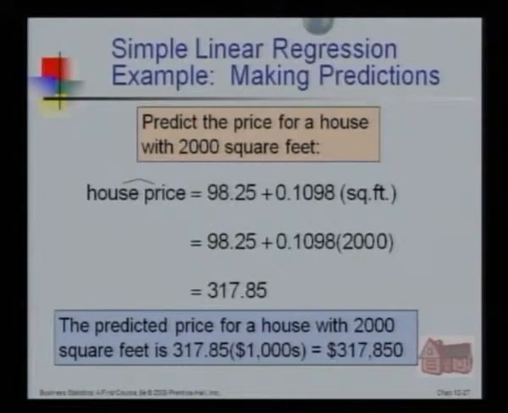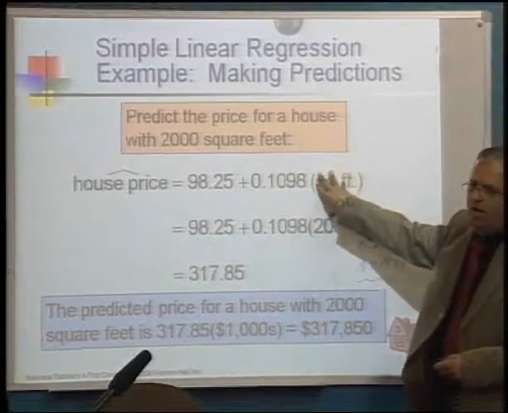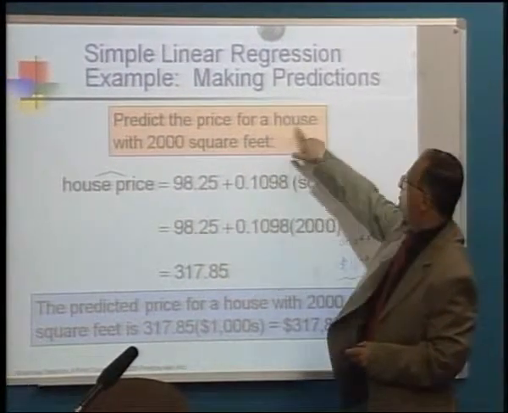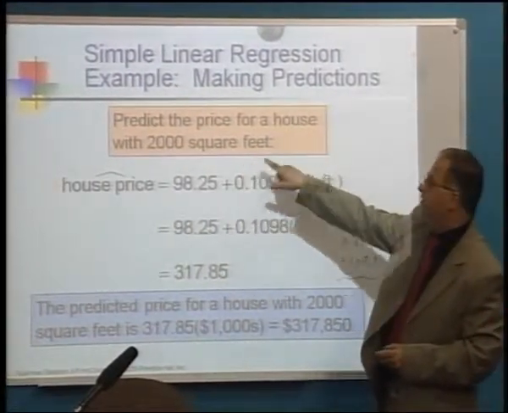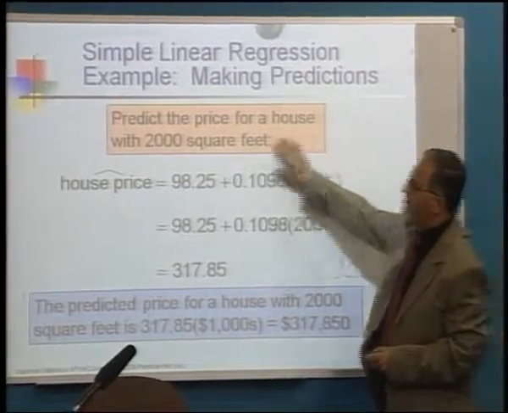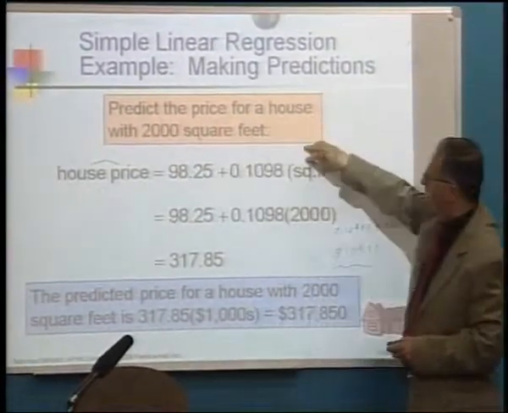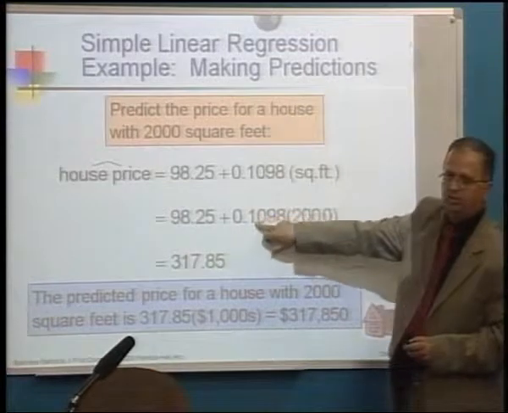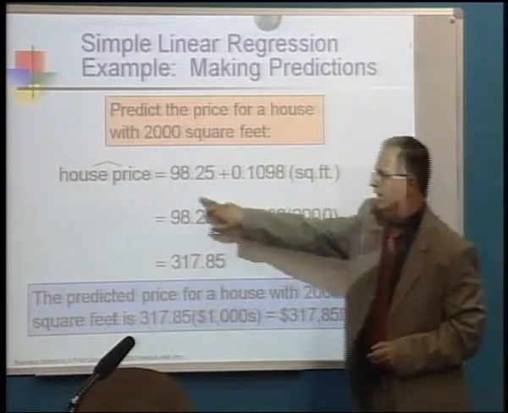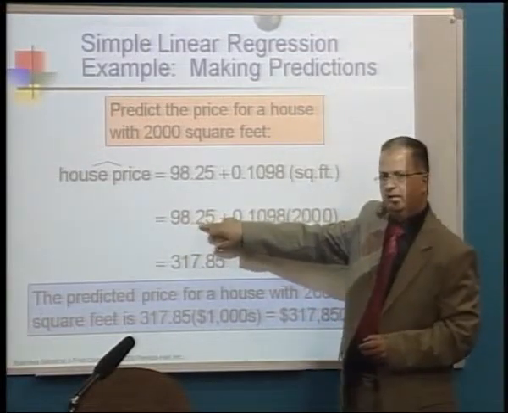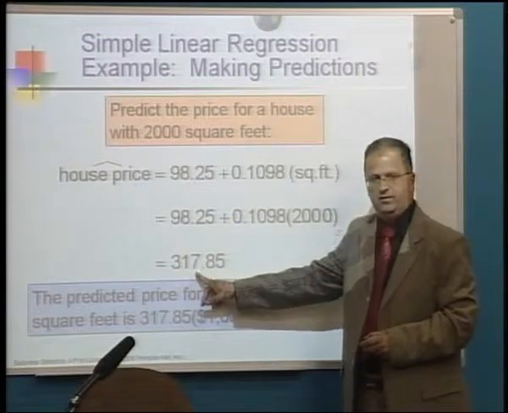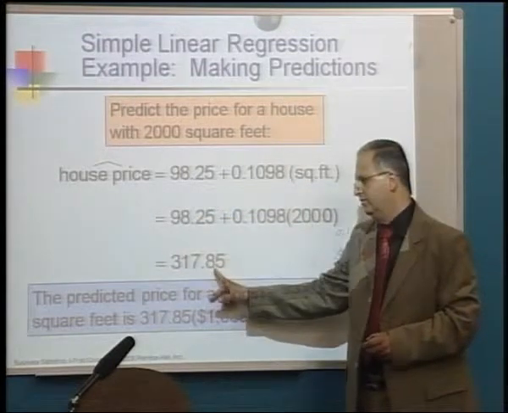For the prediction, since we have this equation, and our goal is to predict the price for a house with 2,000 square feet, just plug this value here, multiply it by 0.1098, and then add the result to 98.25, which will give 317.85.